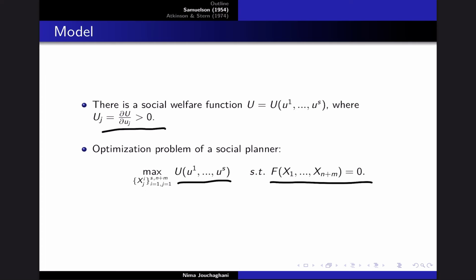And the social planner is maximizing over the allocation basically. So how much of the output private goods is consumed by each of the consumers, how much input each consumer needs to supply, and what is the amount of the public good which is produced in this economy. This is covered here by this sequence, and this is the optimization problem of the social planner.